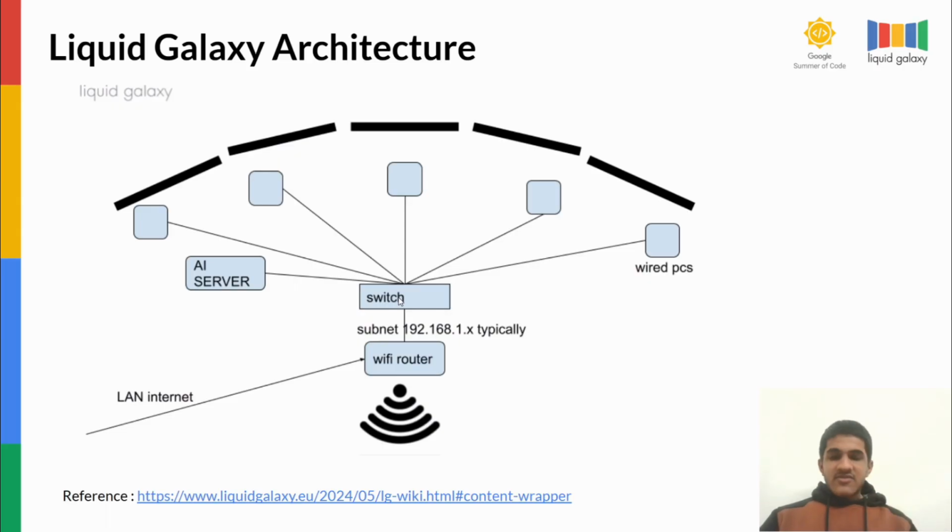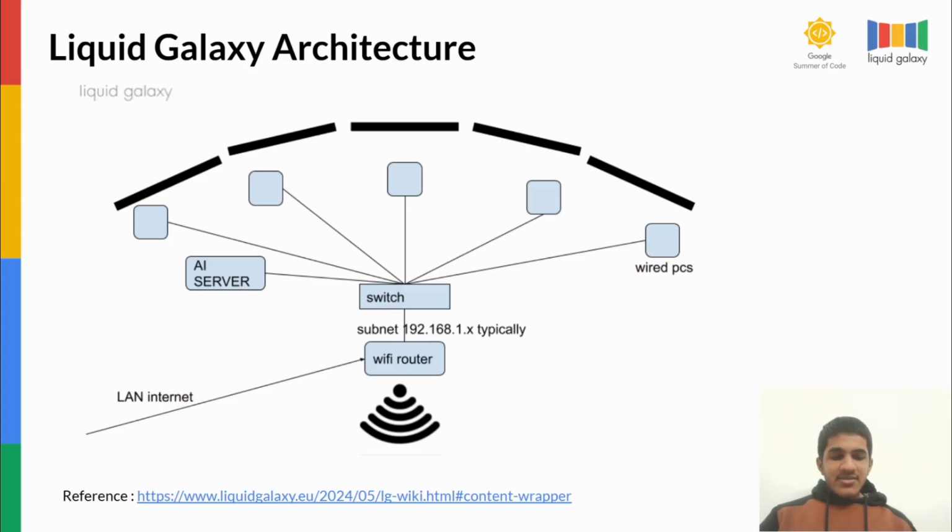So when, let's say I have a controller, let's say I have a mobile, and I send a signal to the master machine, it processes and displays whatever the KML file is onto the screens, such that it is synchronized with all the slave machines, and ultimately as a result we get a panoramic display. So this was all about the Liquid Galaxy architecture.